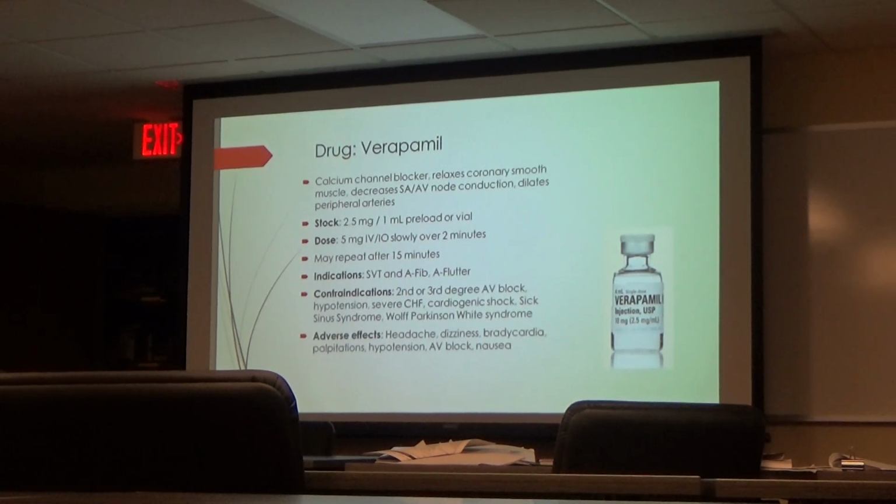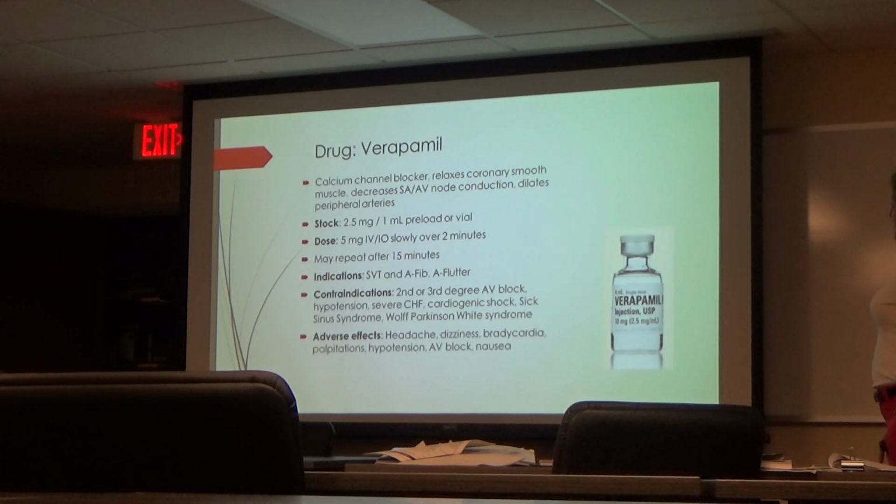So we have to be very careful. Do not give it to a patient who's bradycardic, in a 2nd or 3rd degree type AV block, or heart failure. Those are some big ones. It is going to cause some dizziness, and again, if you push it too fast, bradycardia and hypotension is going to be your big problem that you're going to anticipate with this drug.